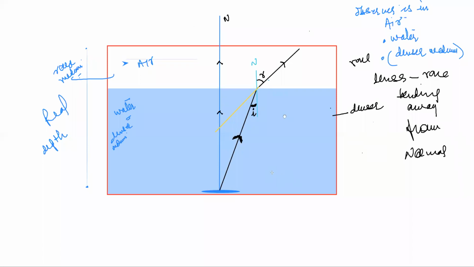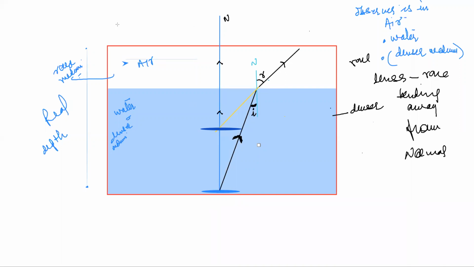Please remember this point. And the object is being witnessed by the observer here. So I am seeing the image of the coin here. So the image is formed at this point instead of this point.